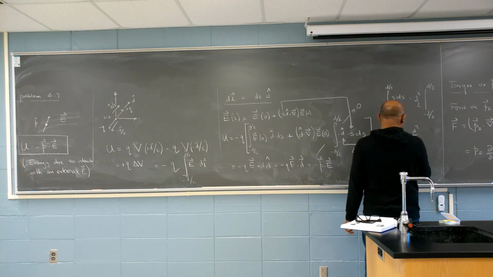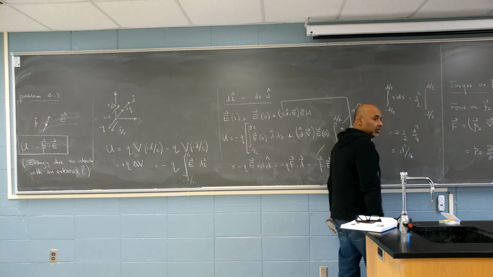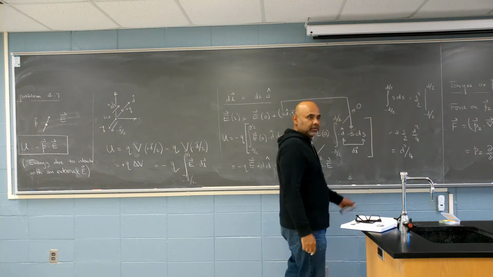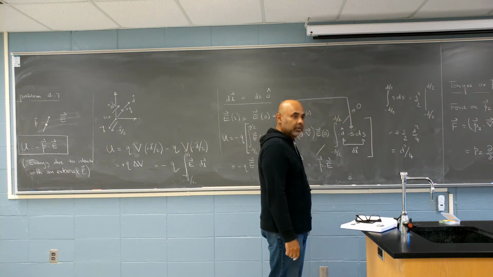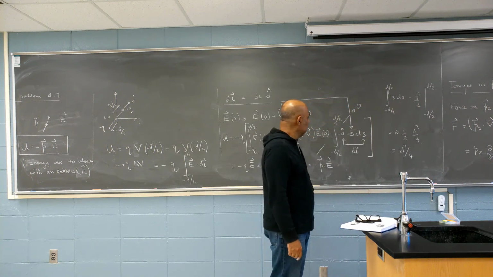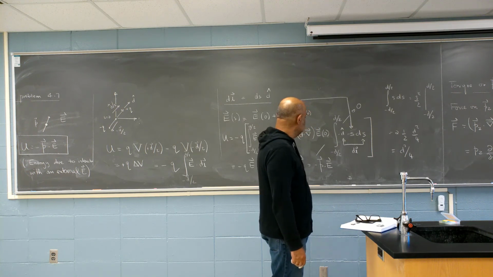It sounds like it should be d squared over 4. But I thought you called d hat ds dl. Isn't that what you were doing over there?